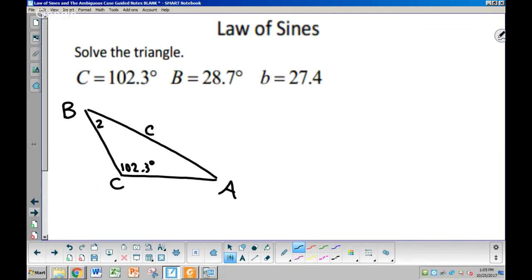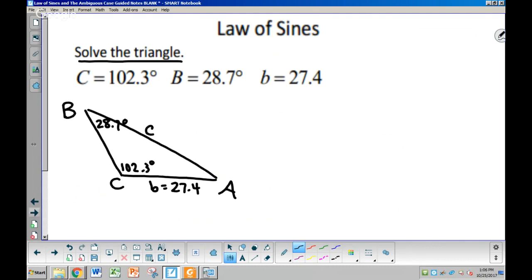Angle B is 28.7 degrees. And they're telling me that little b, which is across from here, is 27.4. Now, when I ask you guys to solve a triangle, that means I want all of the rest of the pieces that we weren't given. So what are we solving for here?